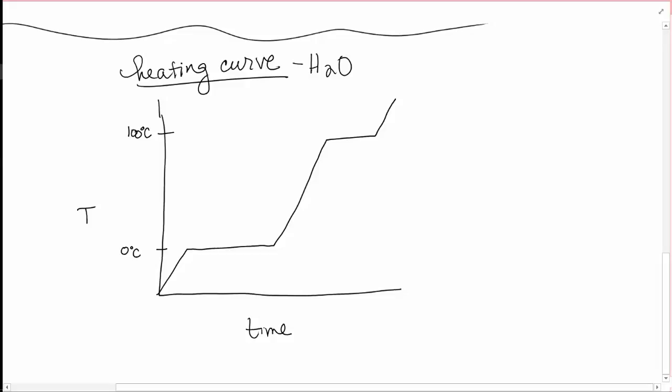So in other words, if I start with water down here in this region, it's ice. In this region, between 0 and 100, our H2O is a liquid. Above 100, our H2O is steam. So this is solid, this is liquid, and this is a gas. So think about what happens here at 0.